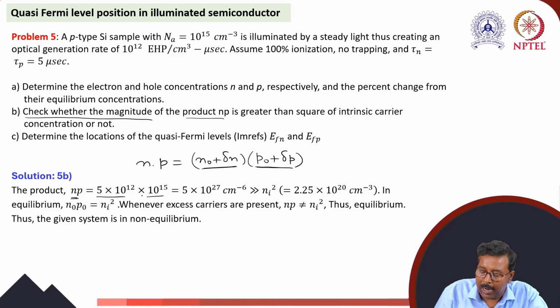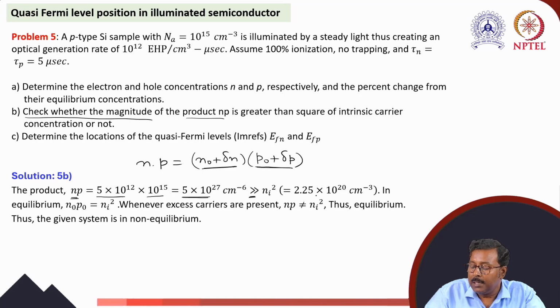If you take the product, the units will be centimeter to the power minus 6. So it is 5 × 10^27 cm^-6, which must be much greater than ni squared, because ni squared is 2.25 × 10^20 per cubic centimeter if you consider ni as 1.5 × 10^10 per cubic centimeter. The product of n and p is much greater than ni squared.